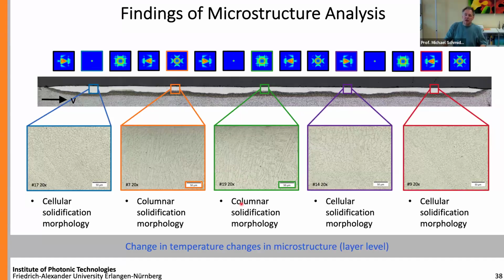So that means a change in our beam shape, talking about the chain of process physics, results in a shallower melt pool, which results in higher cooling rates, and this results in a change in microstructure. So this means, again, you can use your beam shape not only to control your melt pool, but also to control your morphology, your microstructure.